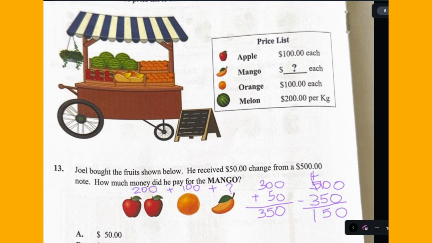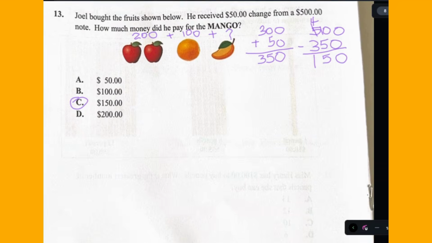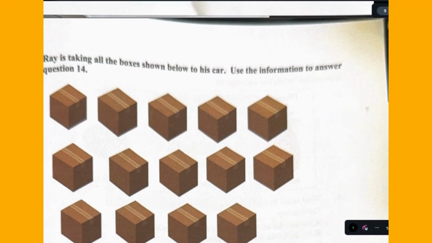So let's just examine the options. Option A says 50, option B says 100, option C says $150. So we're going to choose option C.